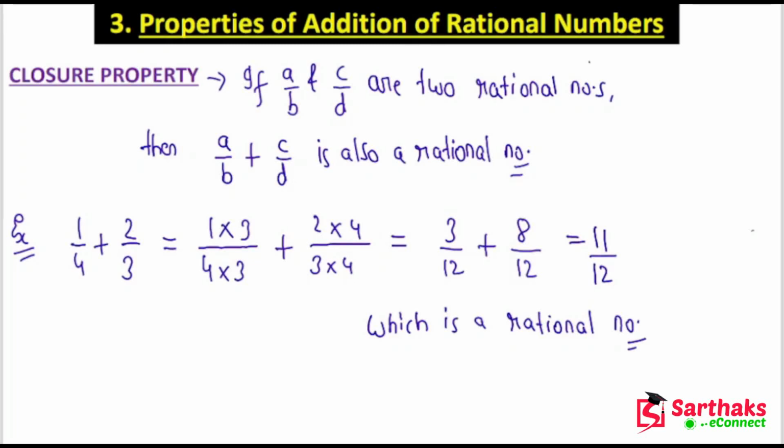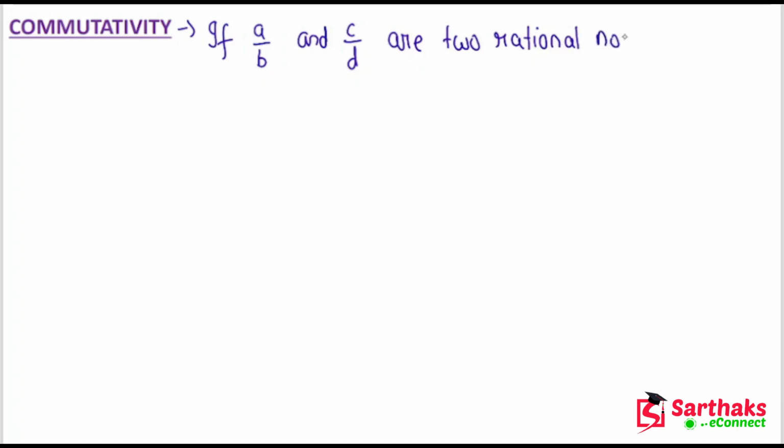Now let us move to the second property, which is commutativity. What does commutativity mean? It simply states that if a upon b and c upon d are two rational numbers, then a upon b plus c upon d equals c upon d plus a upon b.